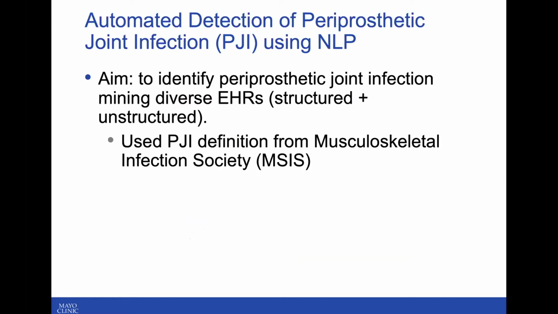The aim of this study is to identify periprosthetic joint infection, examining different sources in the EHR, both structured and unstructured data. Here I used the PJI definition from the Musculoskeletal Infection Society. There is a national definition for this PJI, so we basically know the rules, the definition of PJI from this MSIS.